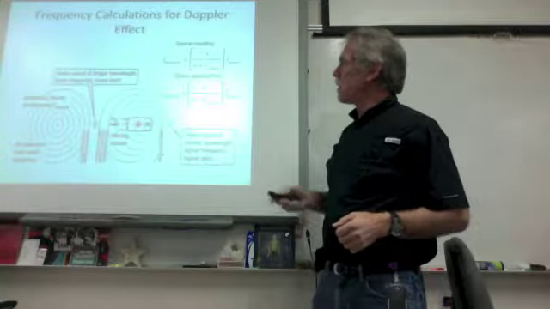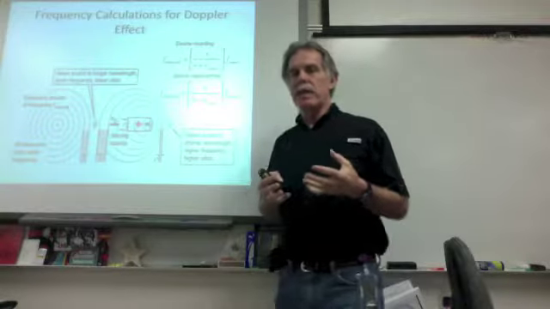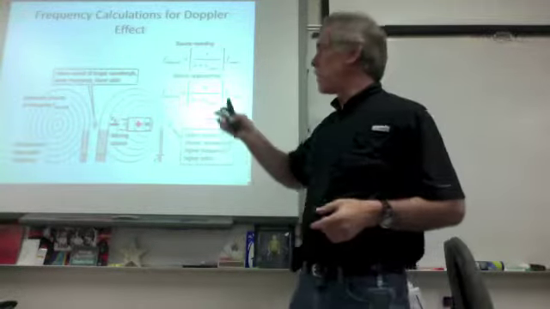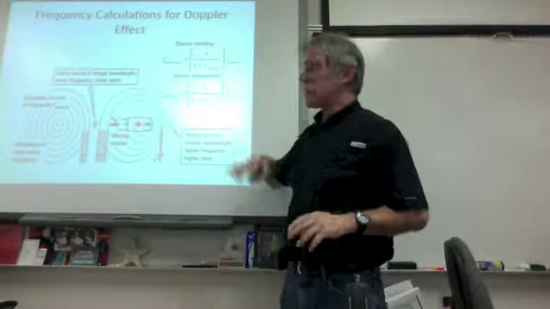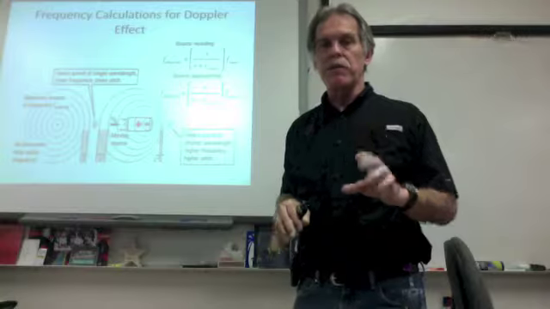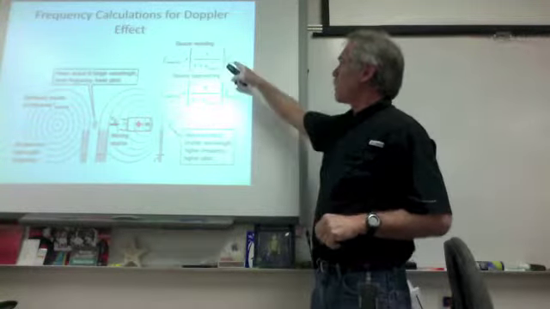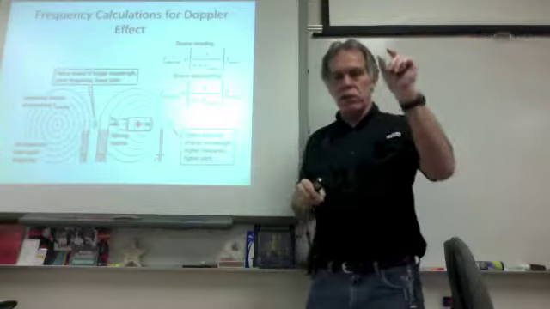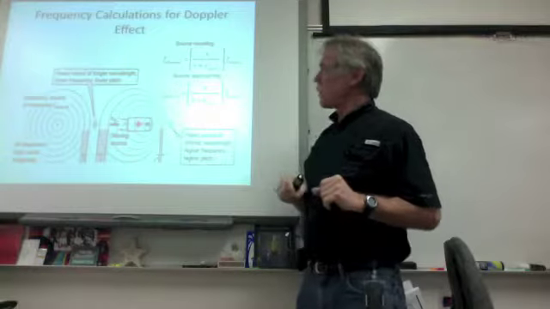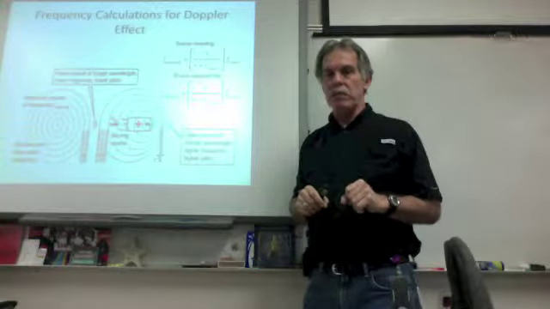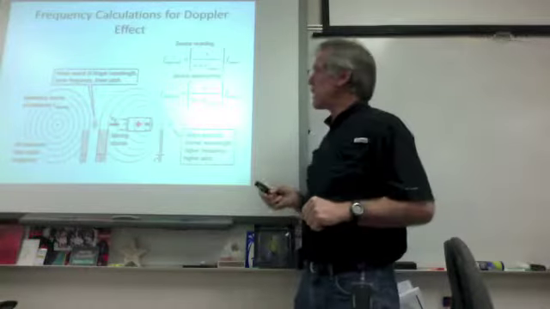There's a formula that can be used in several ways, and I'm going to give you the basic formula here. So I'll have these two formulas, although I'm not going to have the receding and approaching. You need to spend a little bit of time looking over those. The f of the source would be the actual frequency of the horn. The v, without anything on it, is the velocity of sound. So for the top and the bottom, the velocity of sound will be the same on that same day.